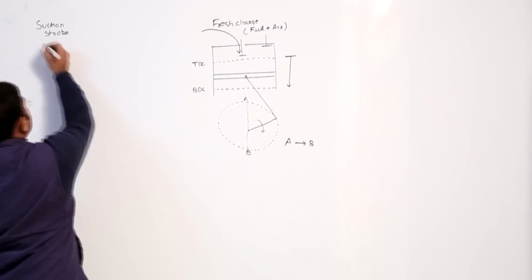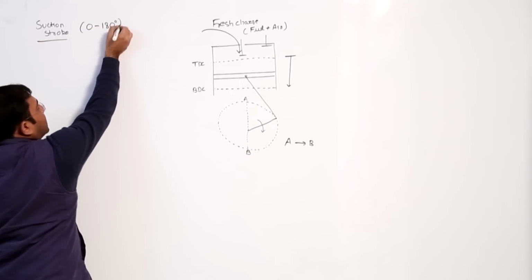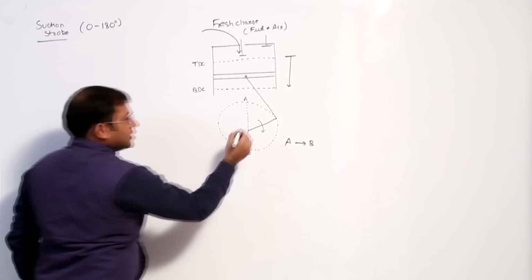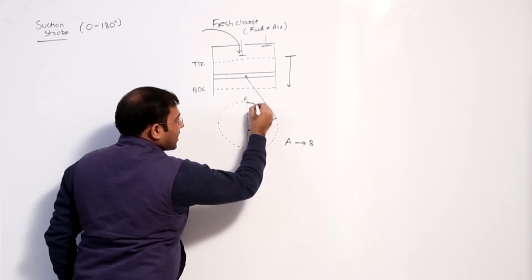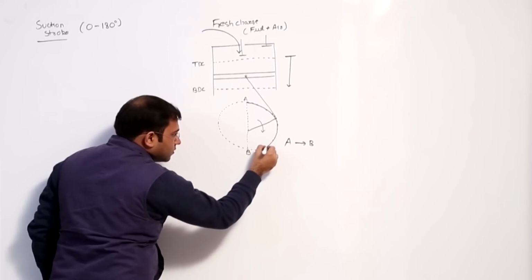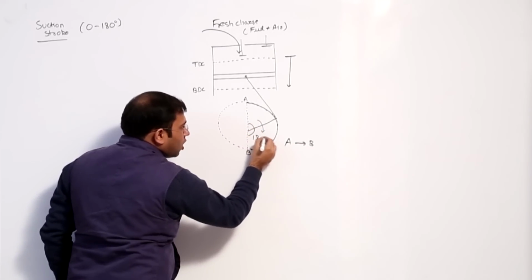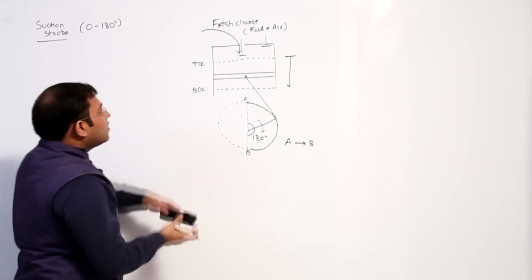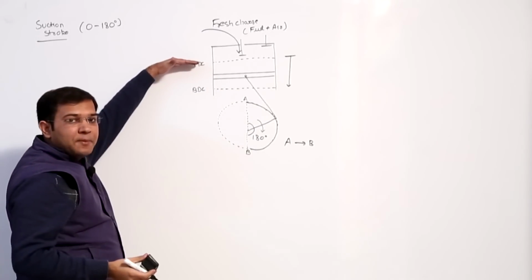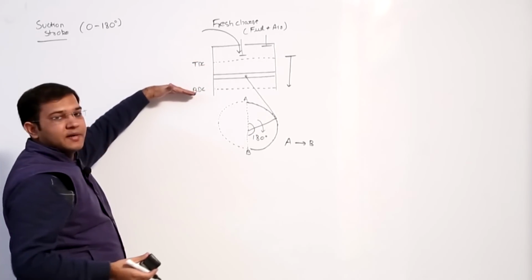So suction stroke takes place across 0 to 180 degree of crank rotation. See this angle, the crank is moving from position A to B, so there is 180 degree of crank rotation, and initially the piston is at top dead center and it moves from top dead center to bottom dead center.